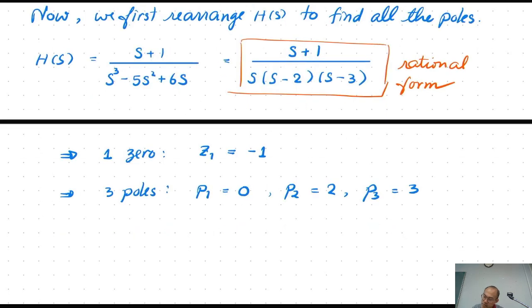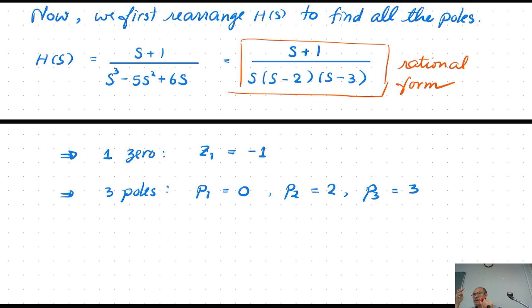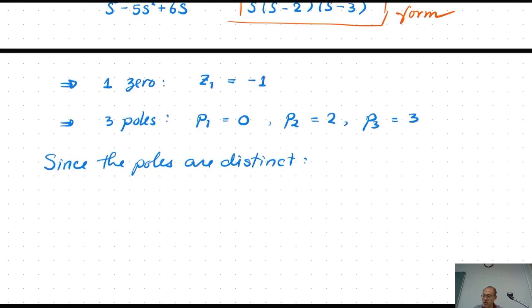Now, if you look at the poles that we have here, you see that there are 3 poles, and these are distinct. Nothing is equal, right? They are distinct poles. So since the poles are distinct, the partial fraction decomposition of H is in this form.